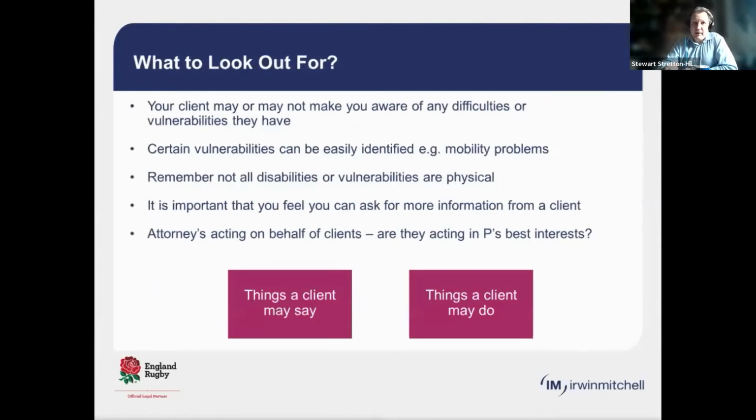So I've talked a little bit about things to look out for, but it's a matter of looking for those things. What might a client say? What might they do? Things a client might say, and I come across this a lot, particularly where there might be undue influence from a family member, is "My daughter's suggested I should make a will.